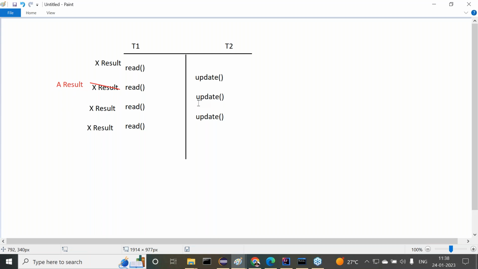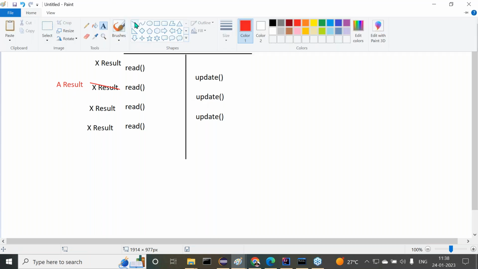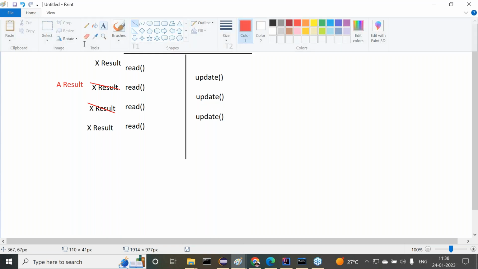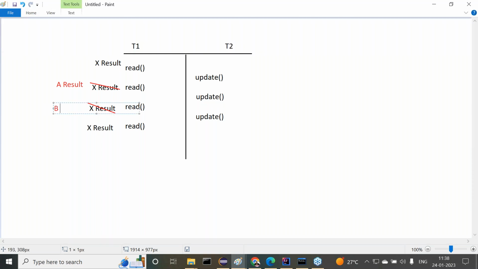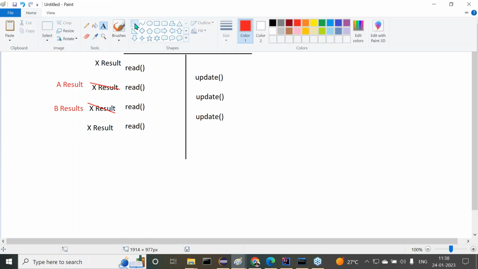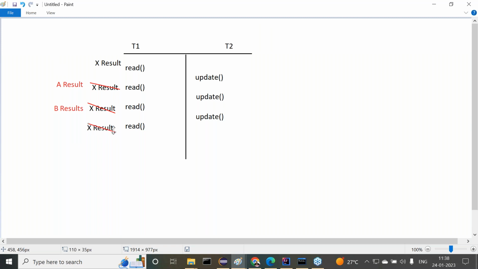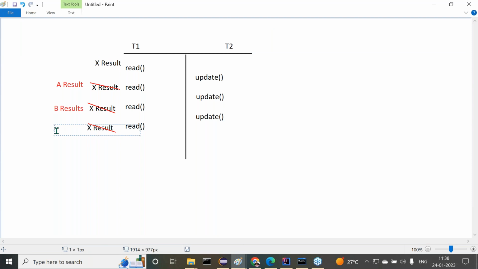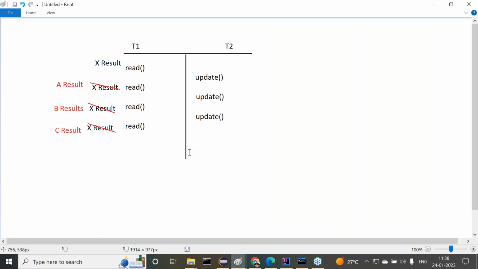Again, because of the update, in the next read we are getting some B results, not the same results. Then we get some other results, C results. Results are not repeatable. Please understand this clearly.